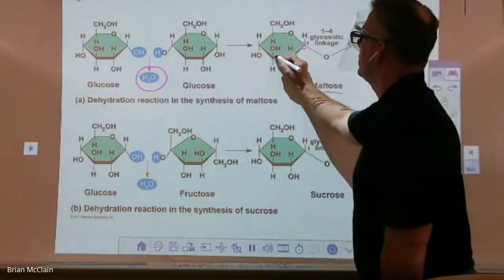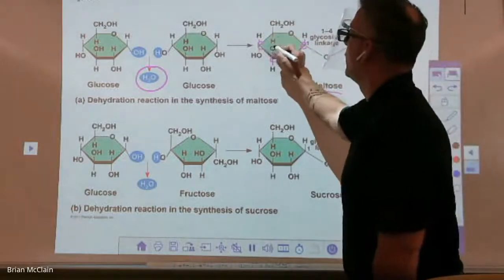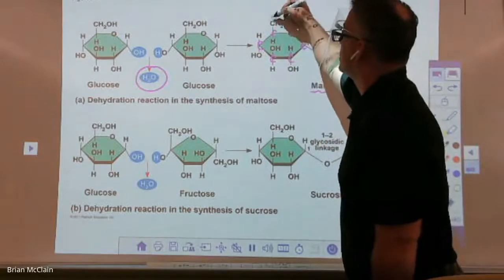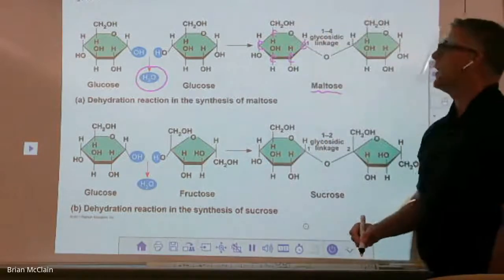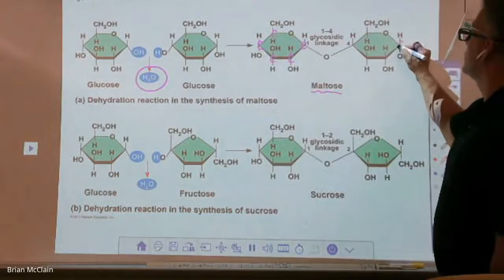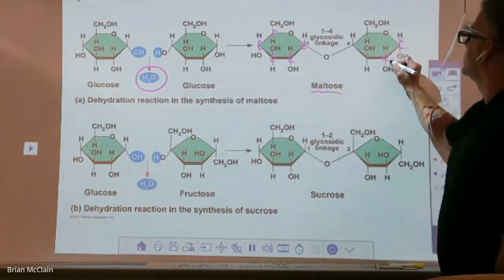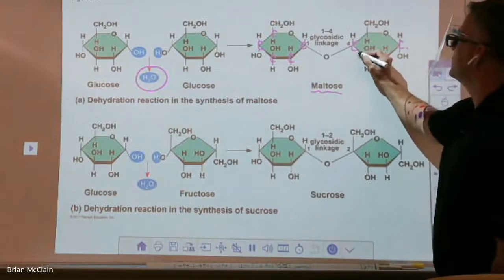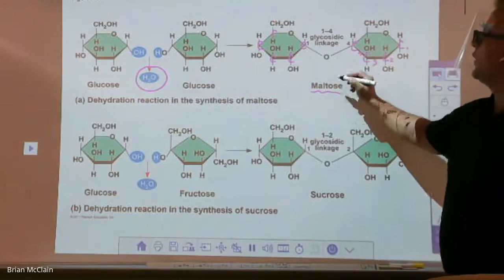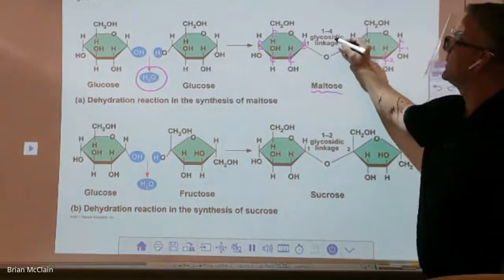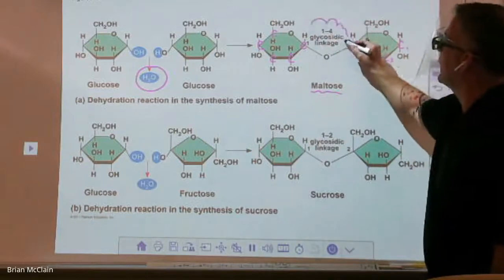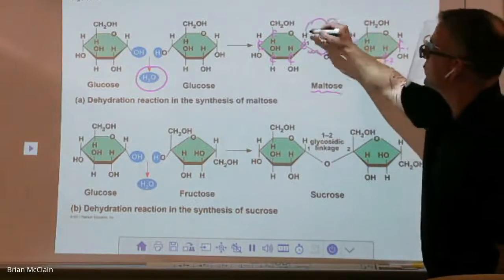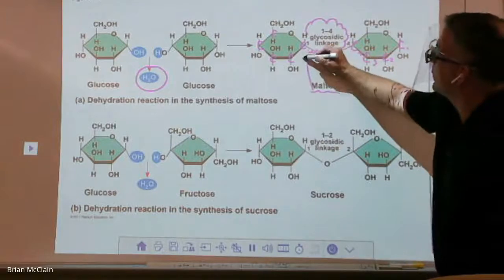This is 2, 3, 4, 5, and this is number 6 up there. Over here, position 1, position 2, position 3, this is position 4. So this linkage, it's called a 1,4 glycosidic linkage because you're combining position number 1.